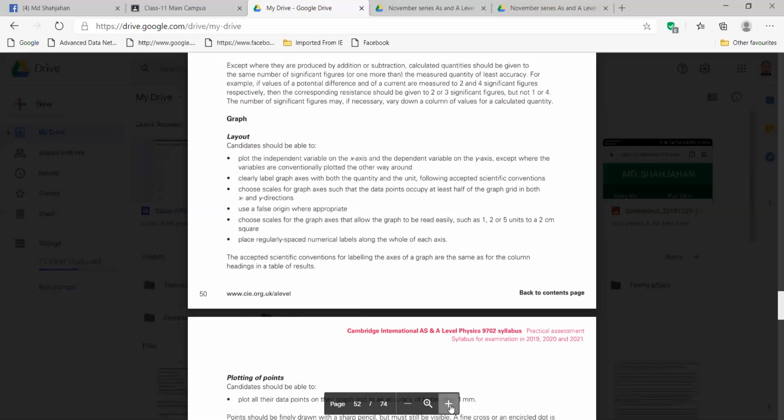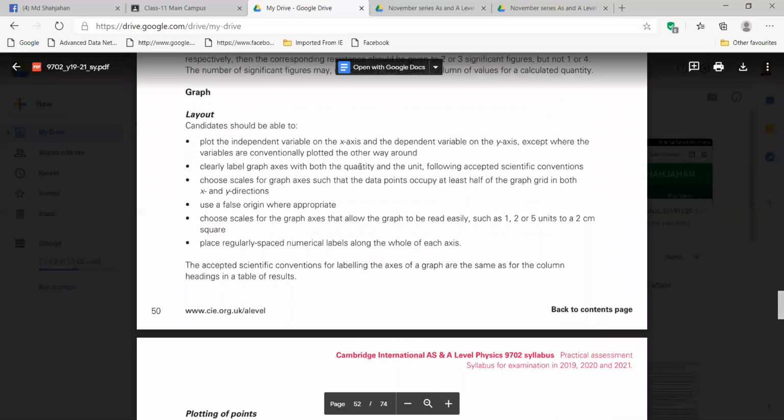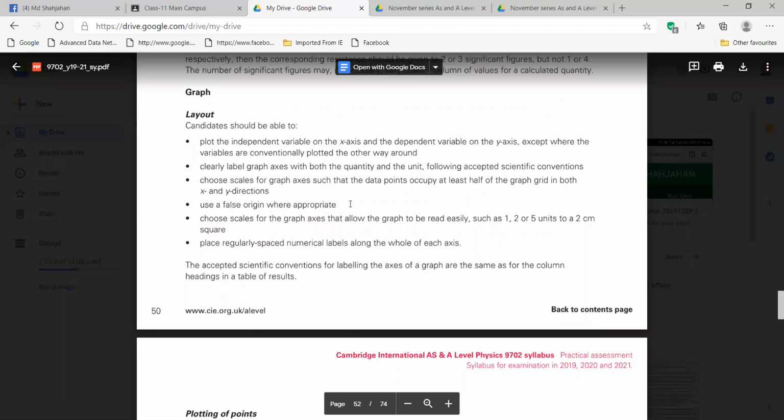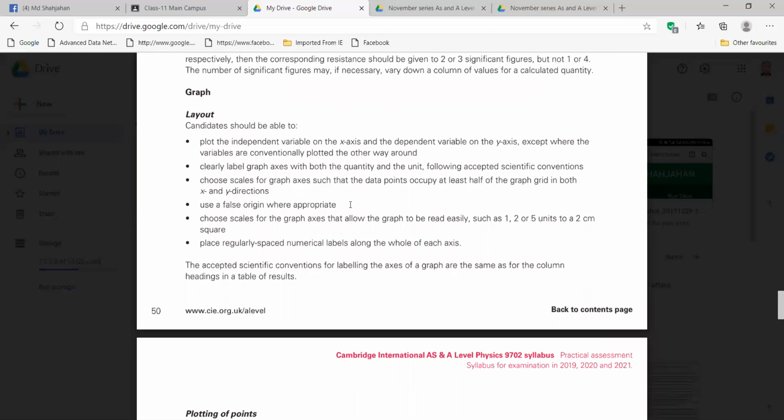When we discuss one of the past paper questions and the mark scheme, then you will understand how it is more sophisticated and they require more skill from you. Do you understand, Amina?